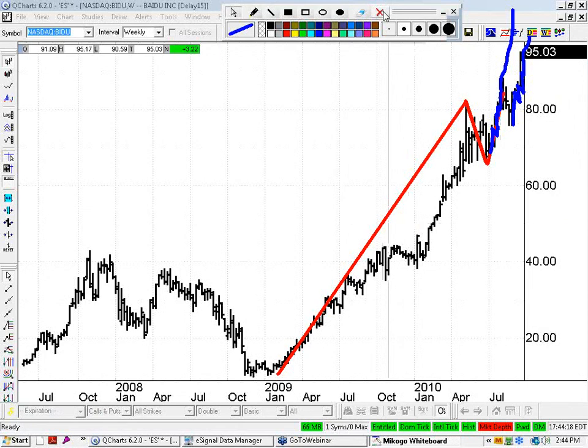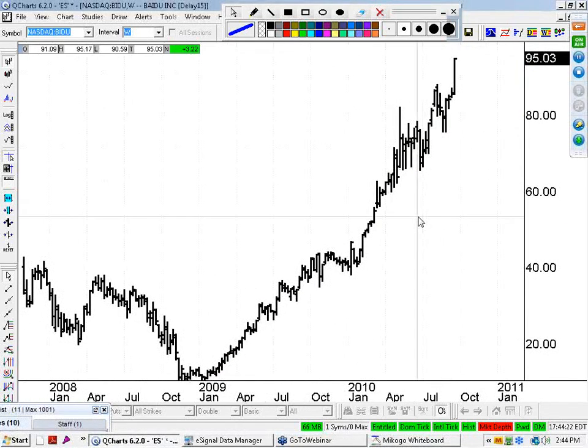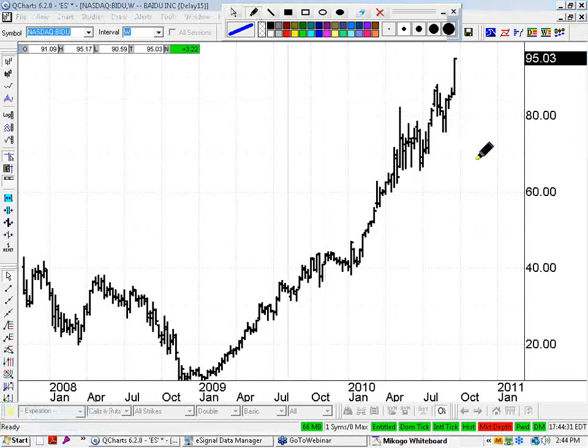But the stage was set already for this to be a very strong stock that never got weak, almost like Apple. It really never got weak because all the moves from here to here, well, actually, from here to here was not that strong. From here to here, the recent move up, that was a lot stronger. This was the move to break above this high, confirming to the world that we're going higher.